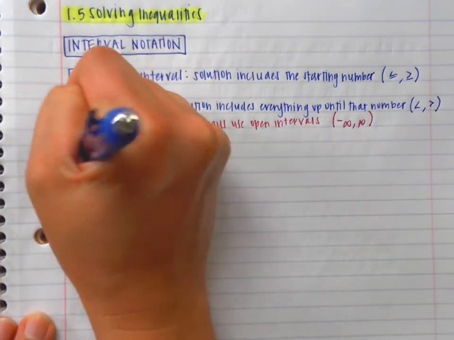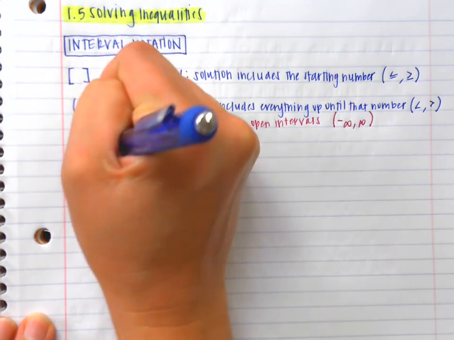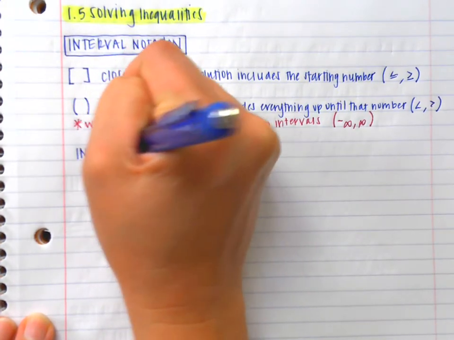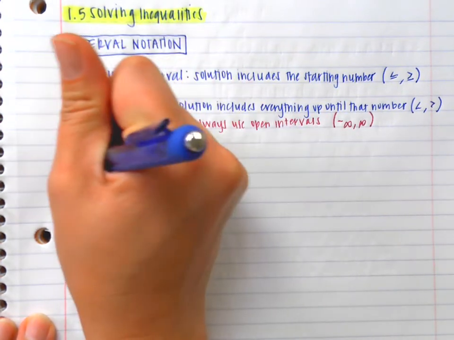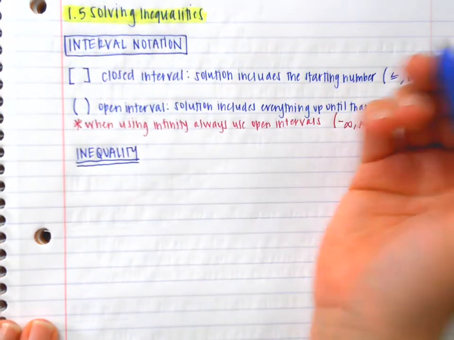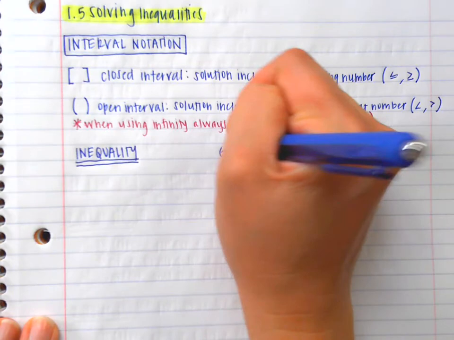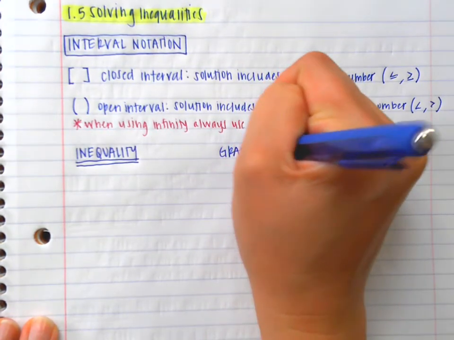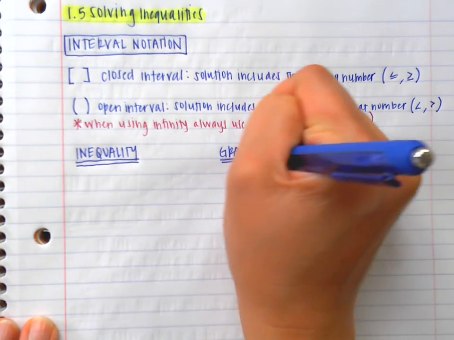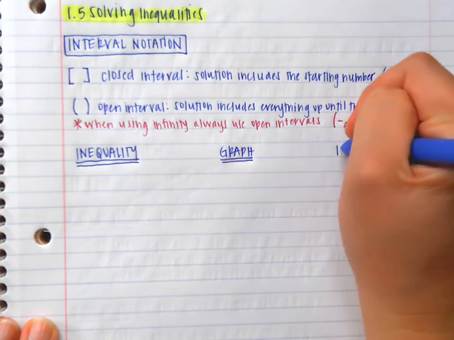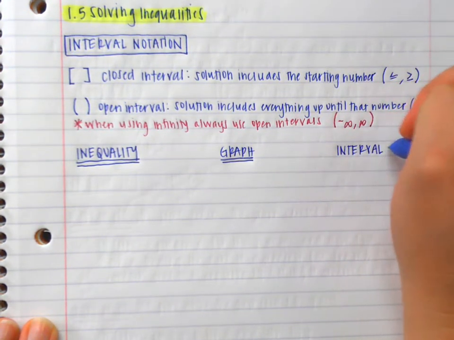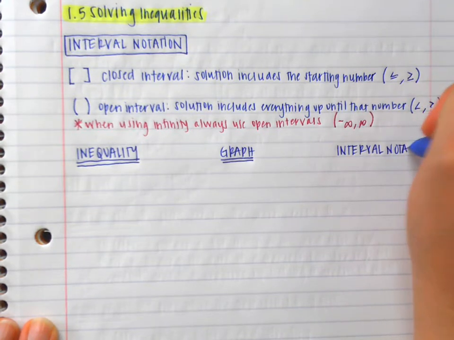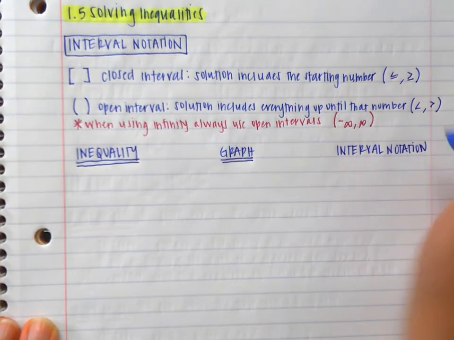So we're going to write out some inequalities, and then we're going to write the graph, and then we're going to write it in interval notation.